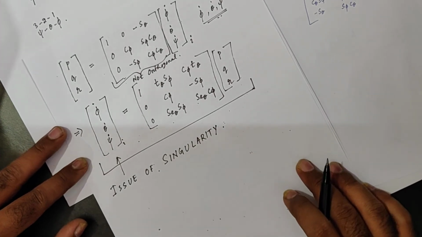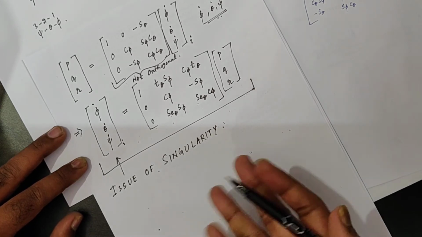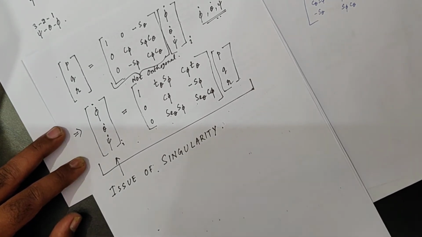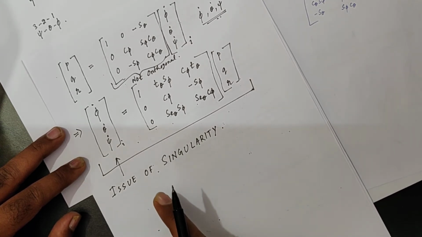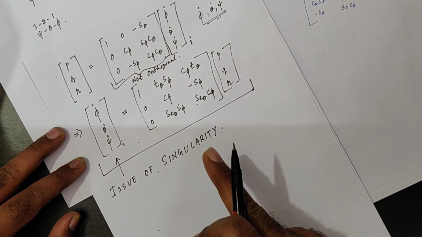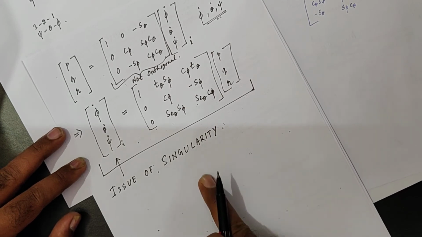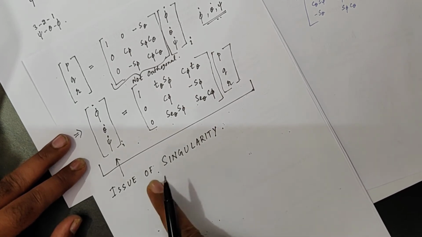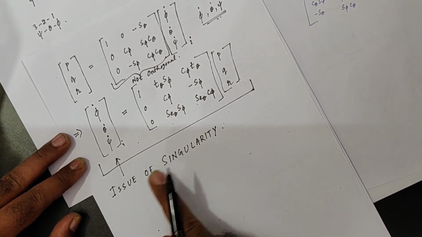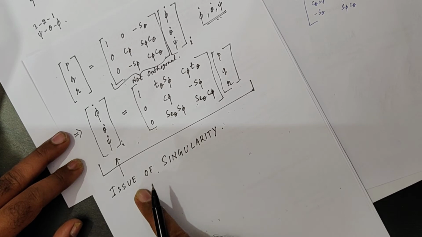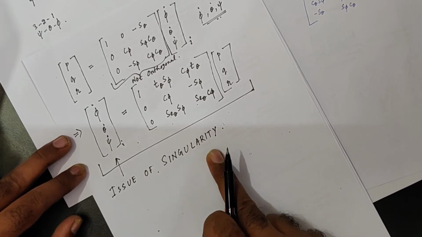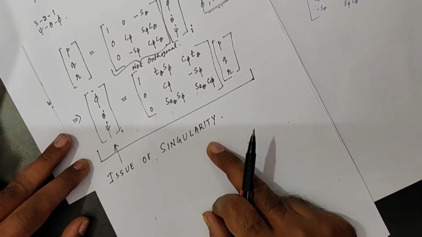That is why we say there are different options, different methods of transformation. Each method has its limitations and its advantages. One of the limitations is this: Euler angle rates suffer from the issue of singularity. How does it happen?